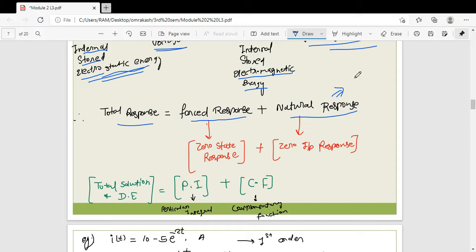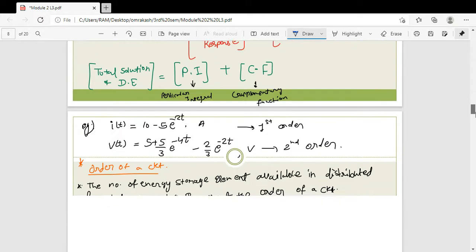Natural response is generally in the form of an exponential term, present for a stable system. This natural response has a time decaying factor, e to the power of minus at.